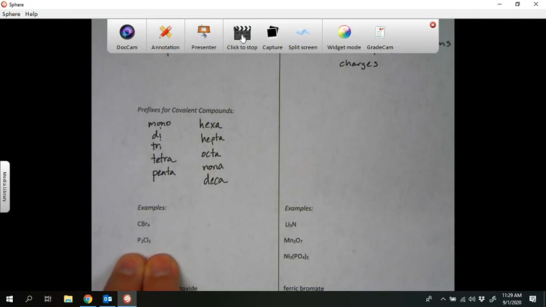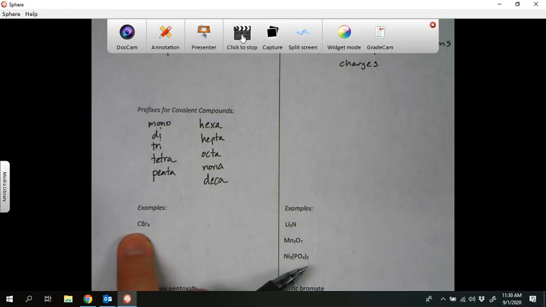So we always name the first element in these covalent compounds, and we know that they're covalent because we have two nonmetals. C and Br are both nonmetals, so they would follow covalent nomenclature rules. We name the first element using its full name, and if there's more than one, we have to put a prefix in front of it.